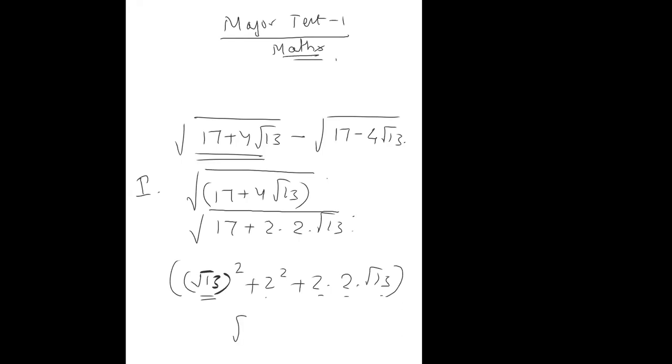The formula will be root 3 plus 2 the whole square is in the under root. So from this we'll get root 3 plus 2, and from the other we are getting root 13 minus 2. Right? The answer we are getting is 4. This is the first method.